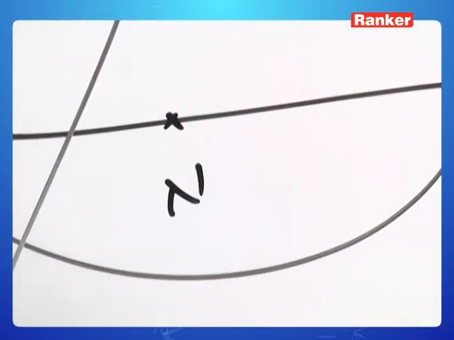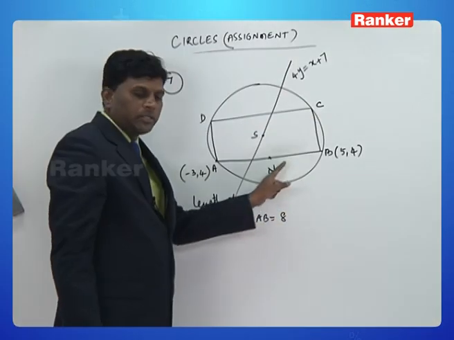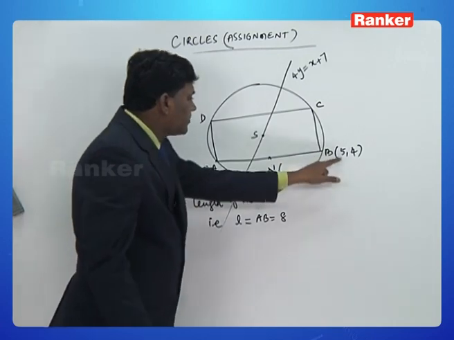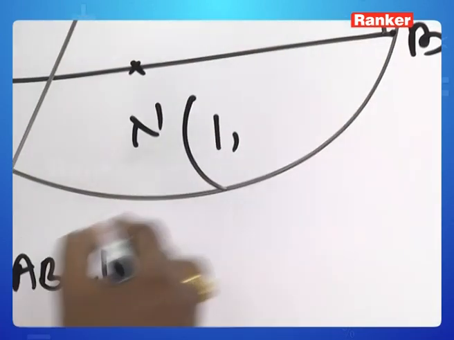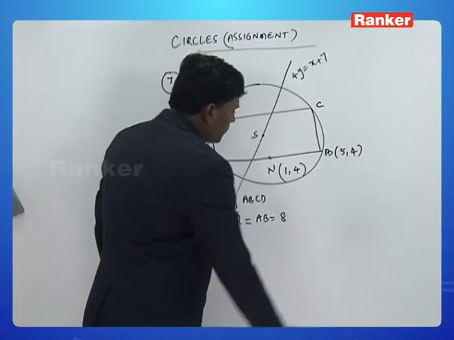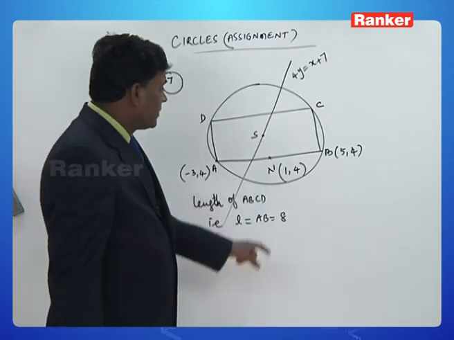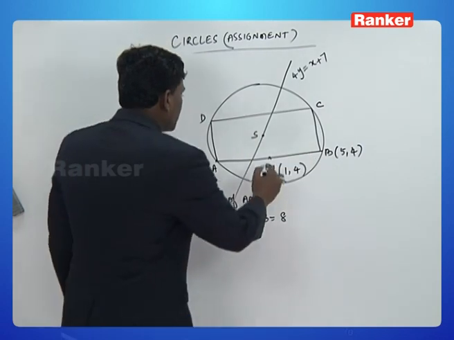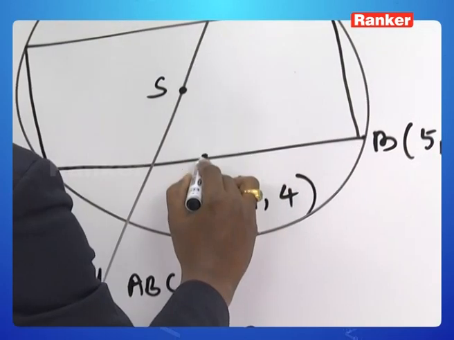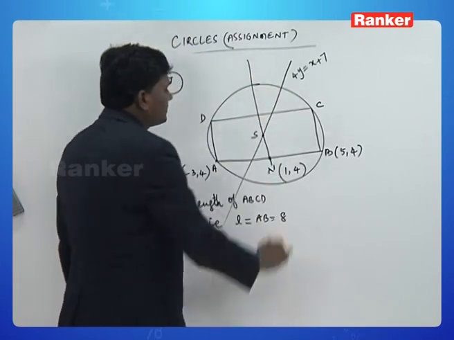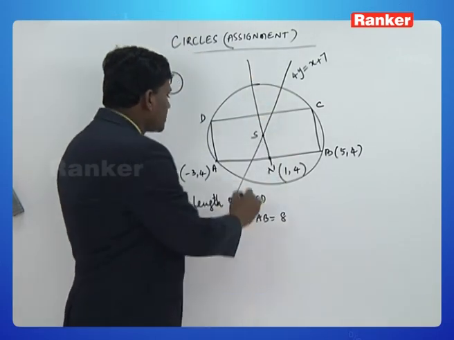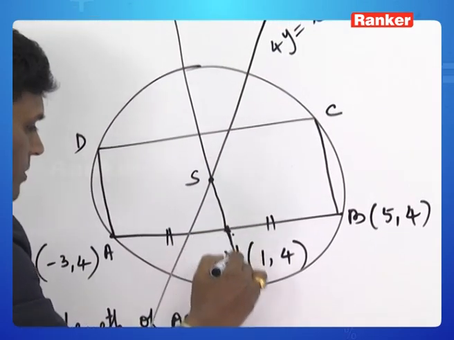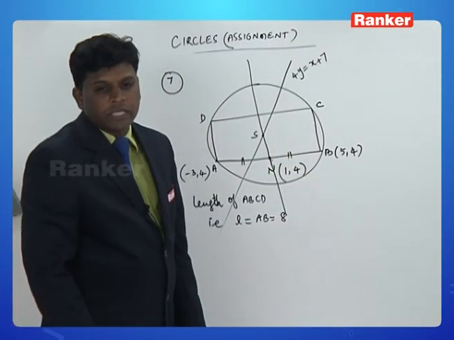If you take the midpoint of AB as N, the N coordinates will be minus 3 plus 5, 2 by 2 is 1, and the ordinate is 4. Here N is the midpoint of AB. If we draw a perpendicular from N, because it is a perpendicular bisector also, this again becomes a diameter of this circle.